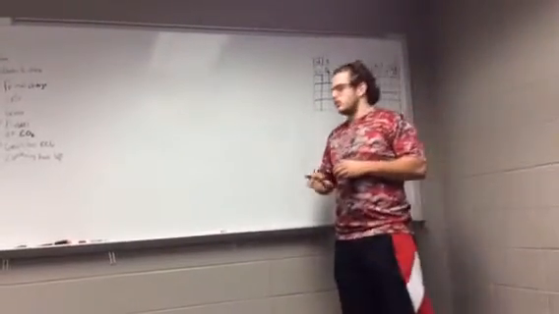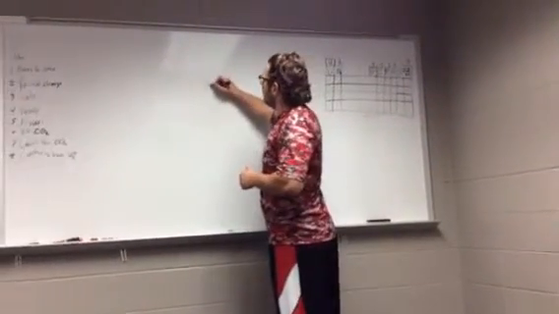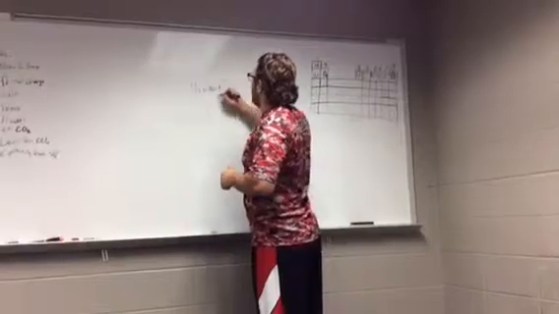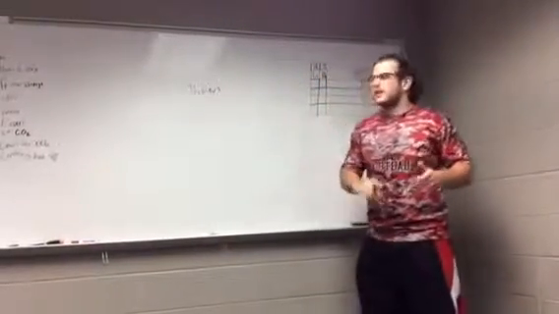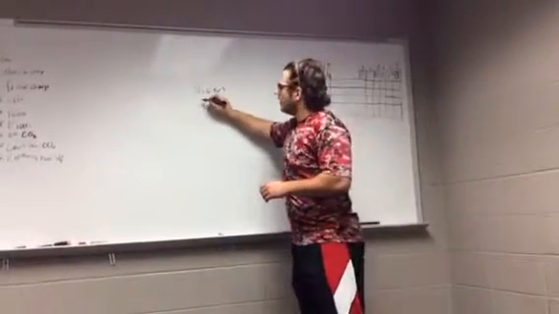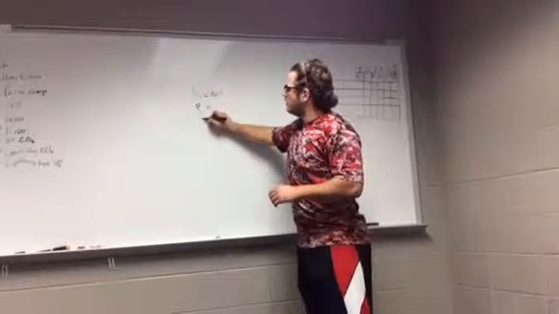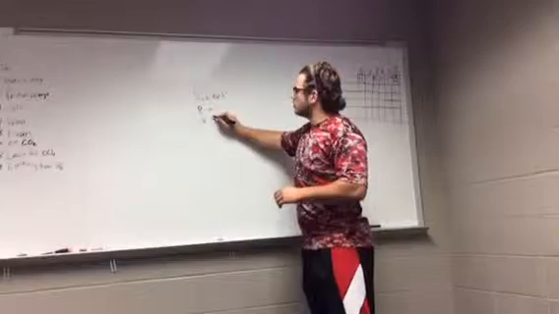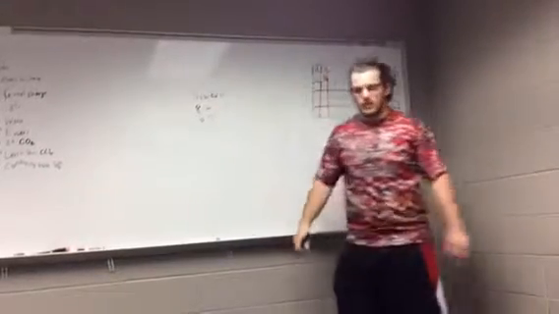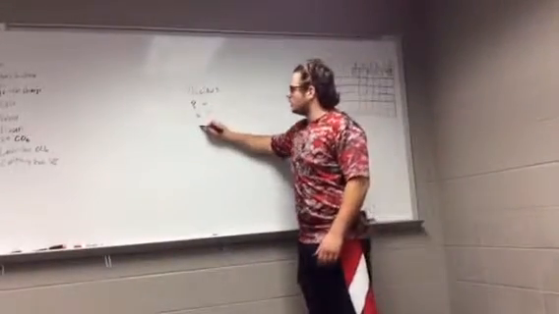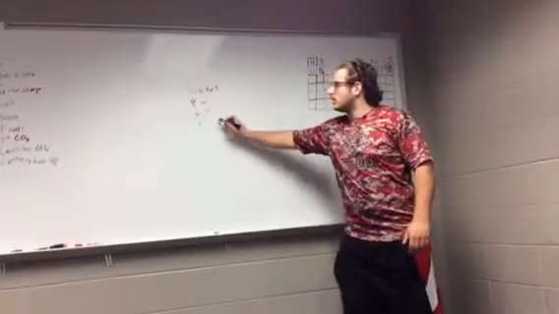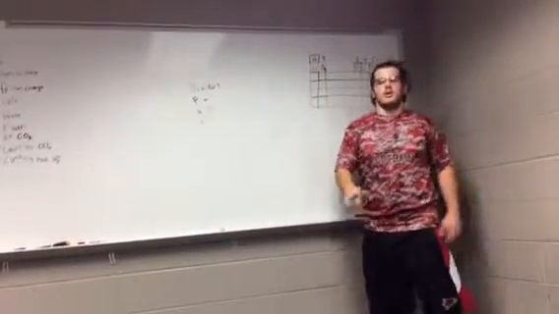So atoms, you know that there's a nucleus, which is the center of the atom, and the nucleus has protons, better known as the positive charge, neutrons, which are the neutral charge, so it's neither positive or negative, and then electrons, which are the negative part of the atom.